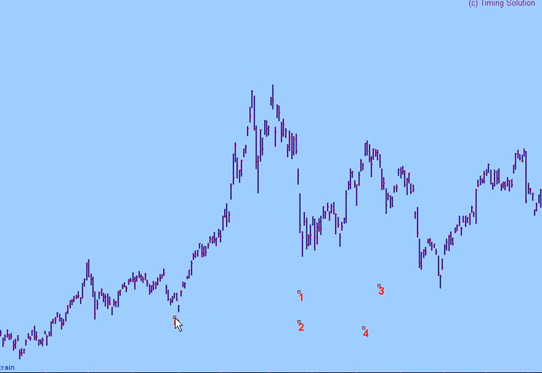I'm going to make the start of the downtrend right here, which makes this guy here 1, 2. This will be a big ellipse. 3, 4.